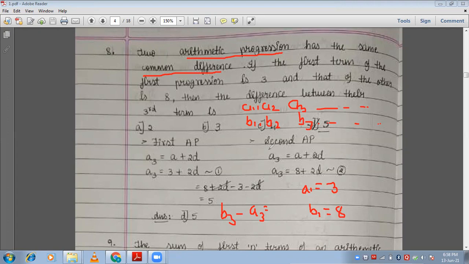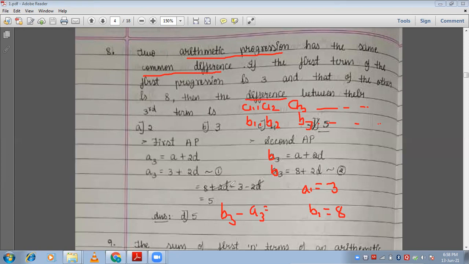Similarly, for the second progression I will take this one as B3. So B3 is equal to the first term plus 2D. So B3 is equal to 8 plus 2D. Consider this equation 2. Now do B3 minus A3, because here the given difference is between the third terms.